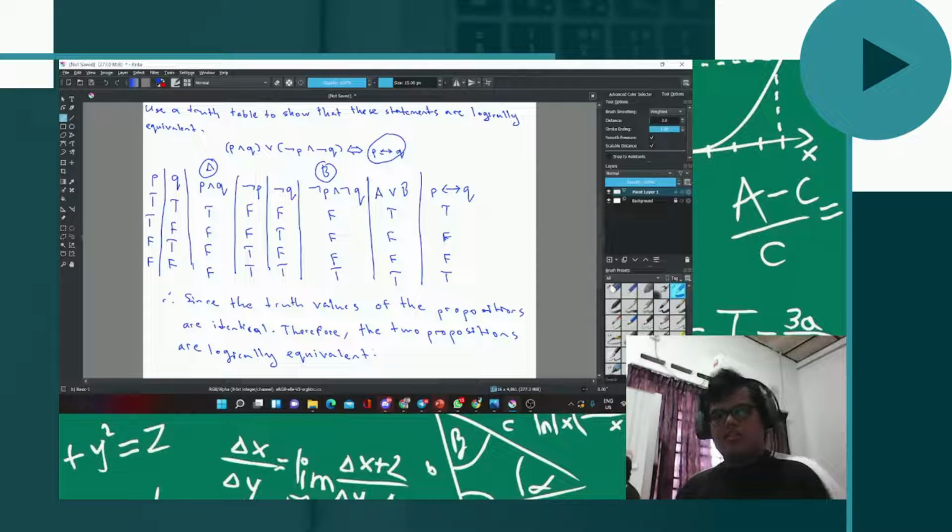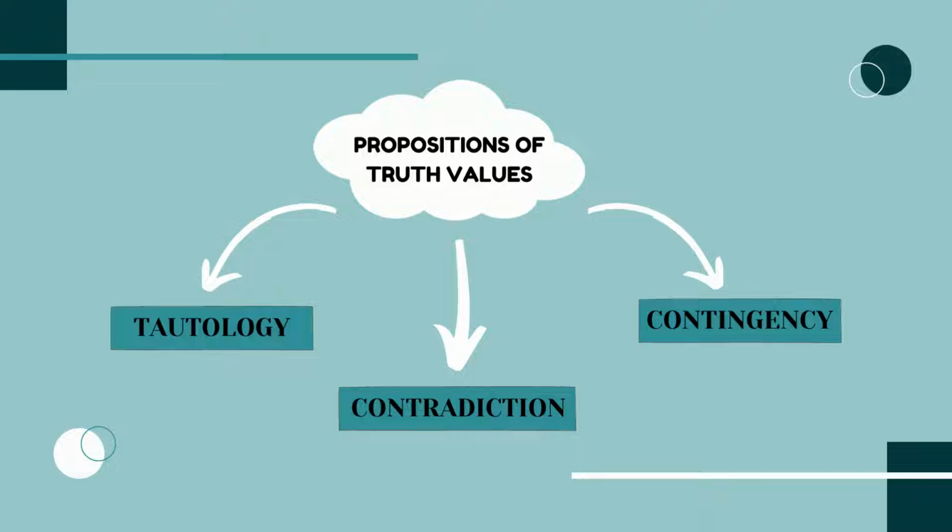So this is how you prove that both of these are logically equivalent.